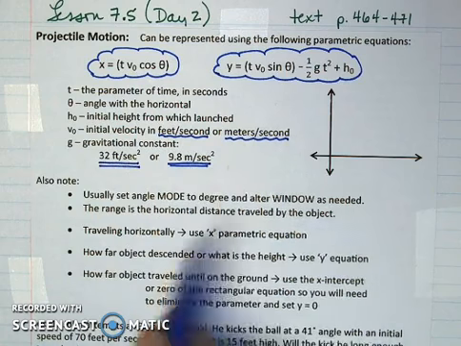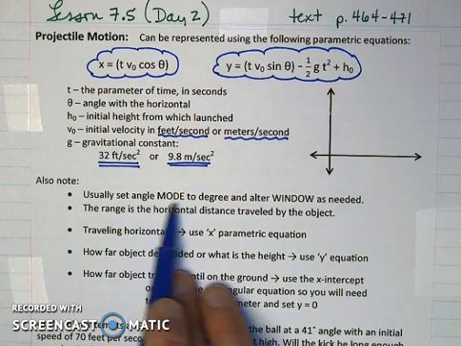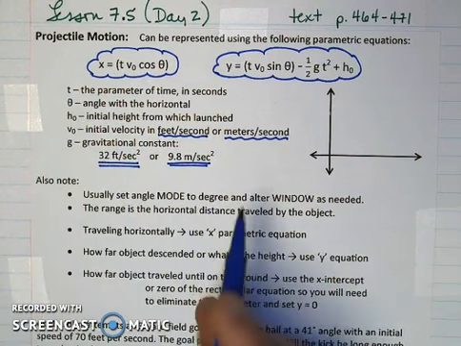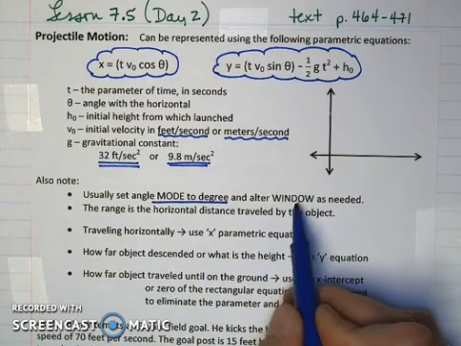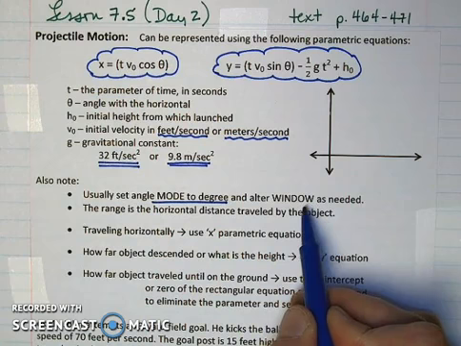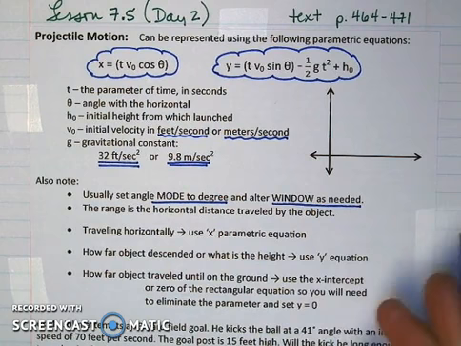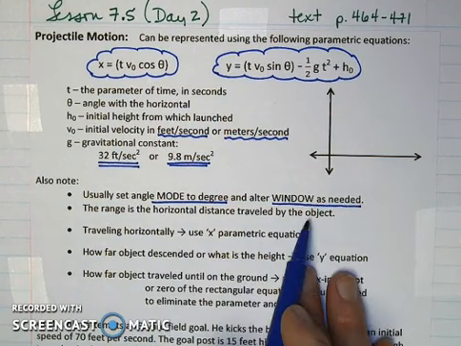Also, I want you to note that you're usually going to set your angle mode in degree mode because you have a theta. So you're normally going to be in degree, and you will alter the window as you need to depending upon the size of your graph and your function. The range is the horizontal distance traveled by the object.